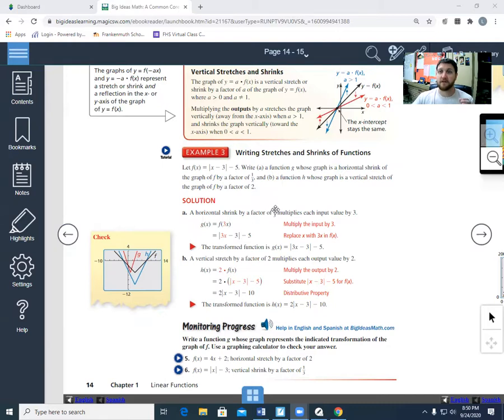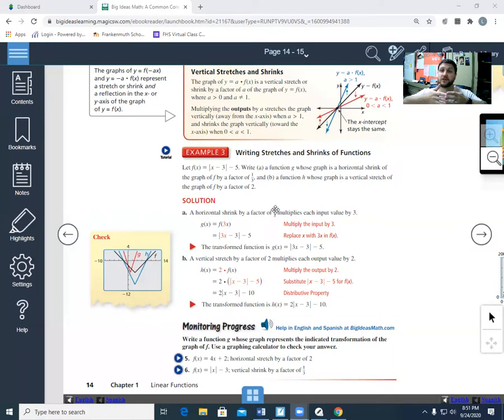If I want that thing to be 3 times smaller than it is, that's what you're going to put inside the X value. Remember, a big number shrinks it. So if I want it to be 1/3 of the size that it was, I'm going to use the reciprocal, which is 3, inside that value. Remember, big number means horizontal shrink, so shrink it by a factor of 3 means put a 3 in there.